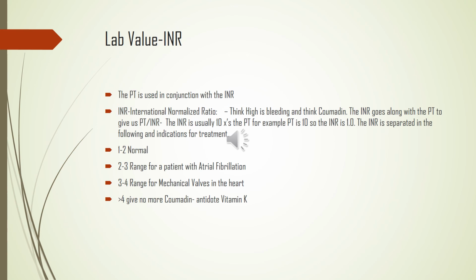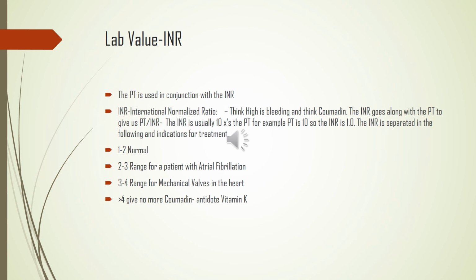So like I said, it's just going to take you a little bit to get familiar with it, but you need to start really thinking about it and focusing on it. One of the things that I want you to, if nothing else, take away from this, especially with your INR values, is why are they getting the Coumadin?